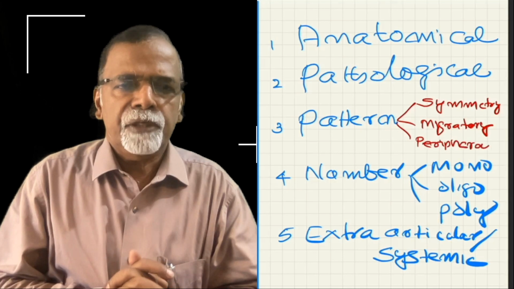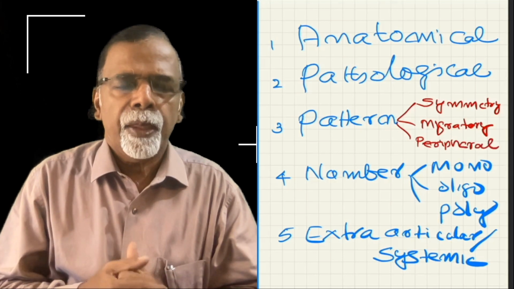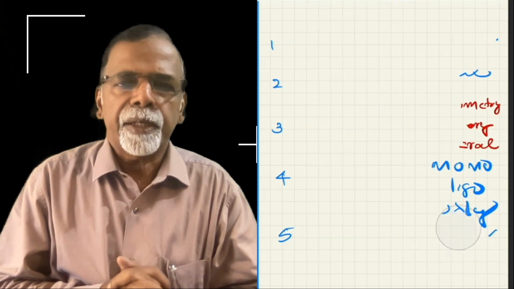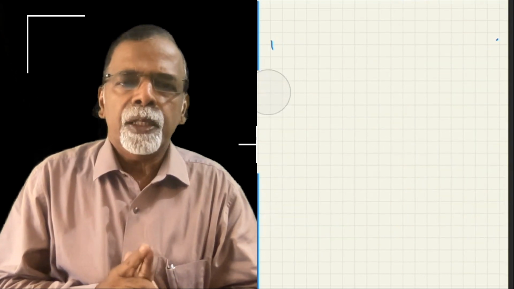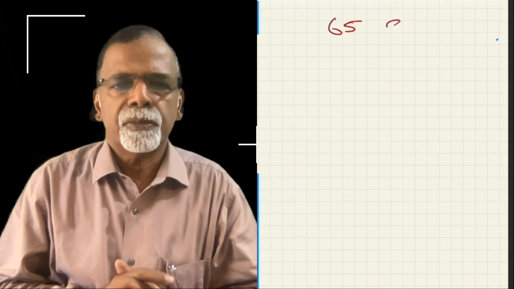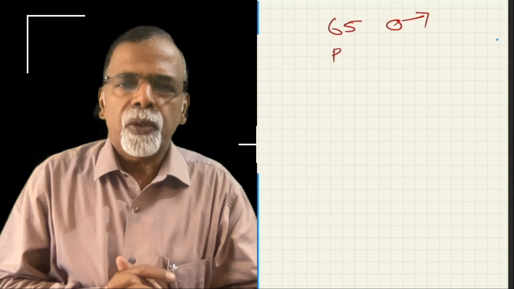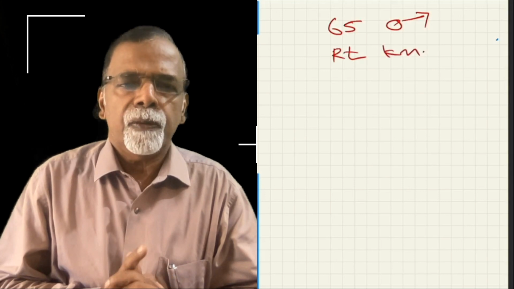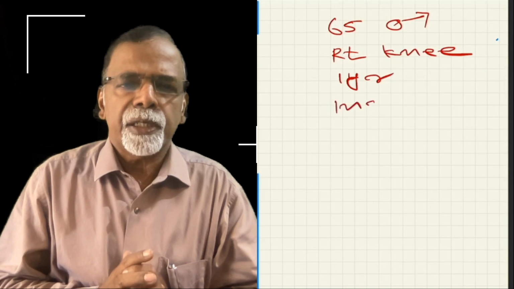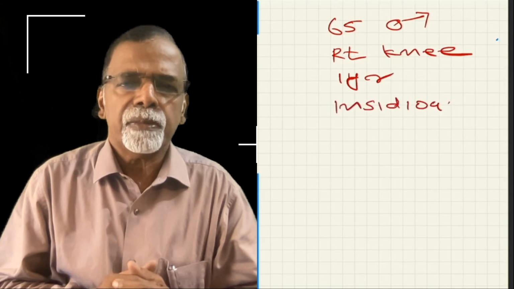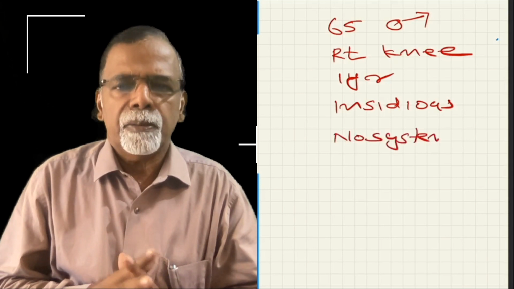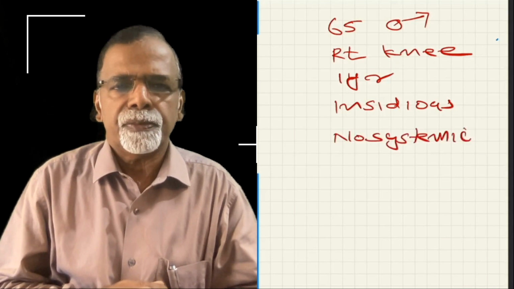A 65-year-old female came to the casualty with complaints of right knee pain, which was insidious in onset, started 1 year back. She has no other complaints. She is having mild worsening or stiffness in the morning, but after 5 or 10 minutes, the symptoms subside.